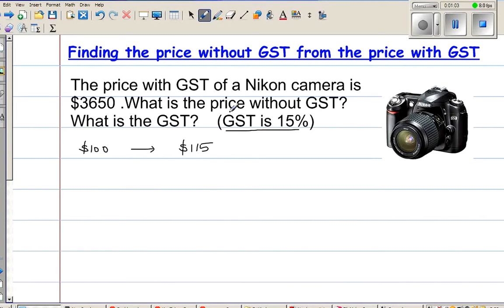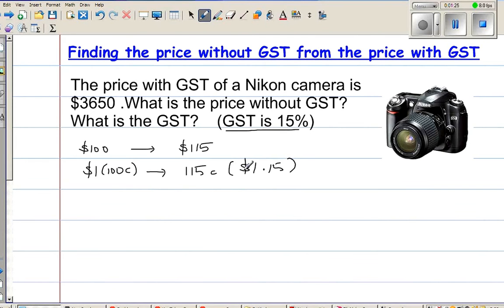$15 would go to the government and $100 you can keep. That means if you're selling something for $1, $1 is 100 cents, you will sell it for 115 cents, which is $1.15. So I want you to keep this in mind to understand this.